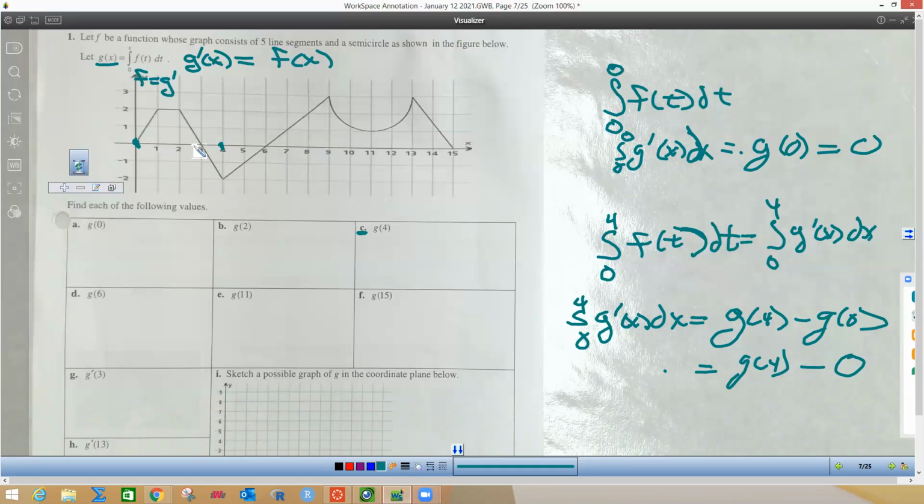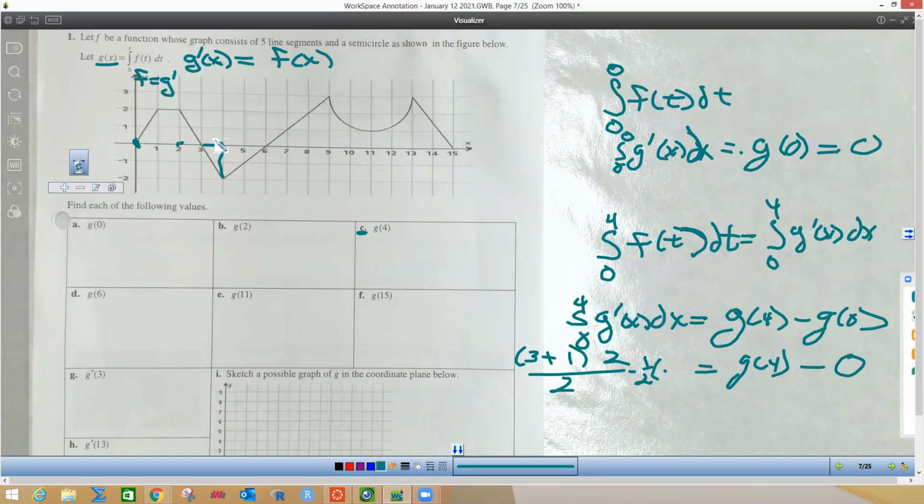So this base is 3, plus this top base is 1. The height of this trapezoid is from this base to that base, which is 2, all over 2. And then I got to get the area of this little triangle right here. So this area of this triangle is going to be a negative, so it's minus 1/2.